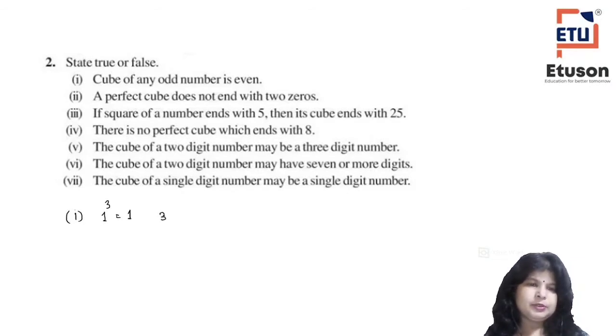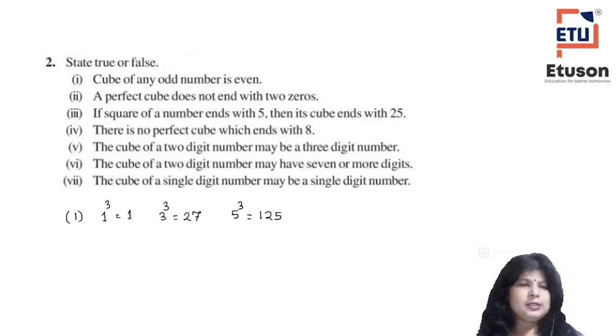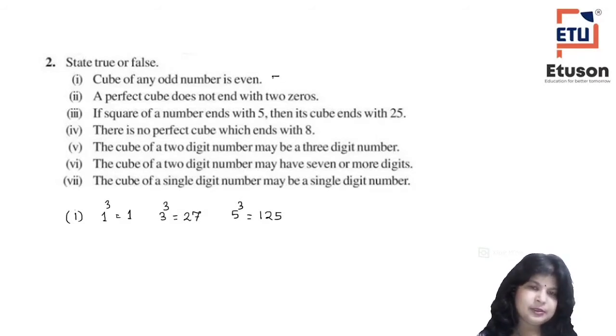Next odd number 3 cube is 27. 5 cube is 125. Correct or not? Is 27 or 125 any of them odd or even? It is odd, right? So we can write that cube of any odd number is even. This statement is false, right?